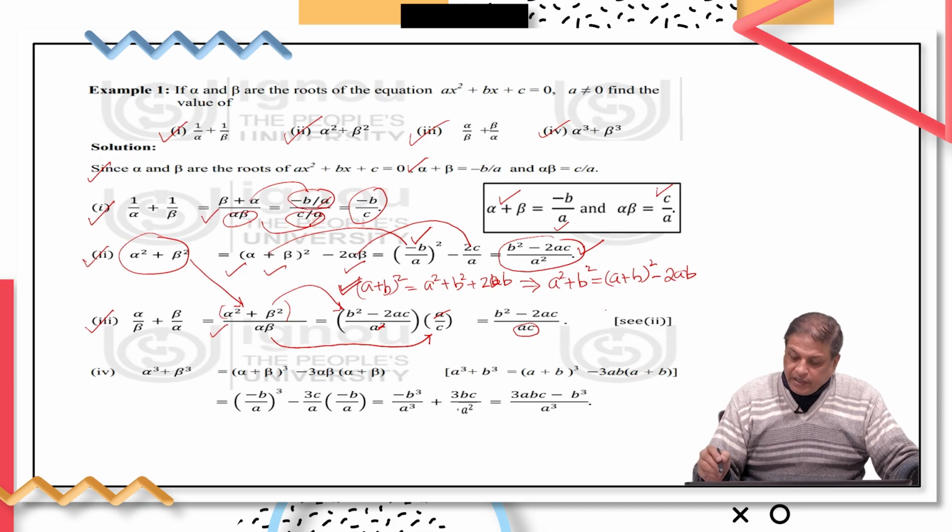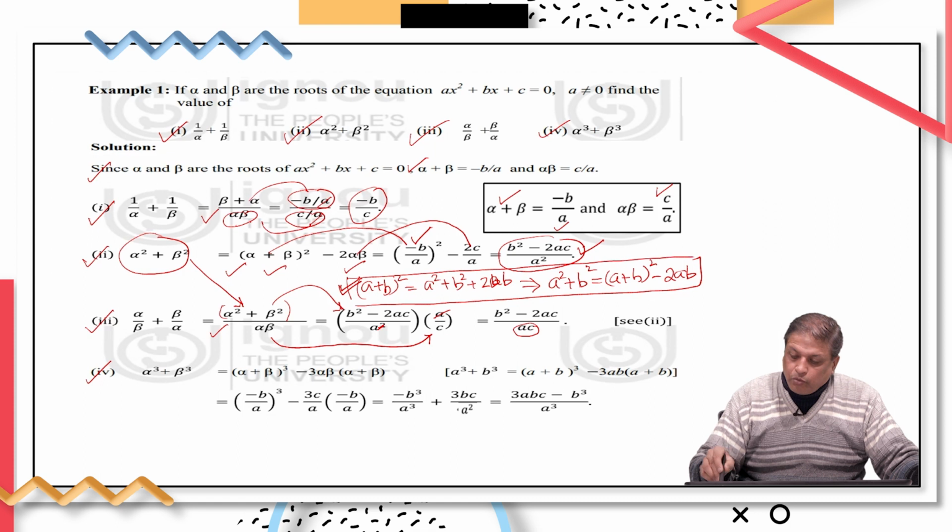On the same lines of action, let us solve the fourth task given to us, wherein alpha cube plus beta cube is to be determined. Now, again we are applying the formula, wherein we applied a plus b whole square is equal to a square plus b square plus 2ab.